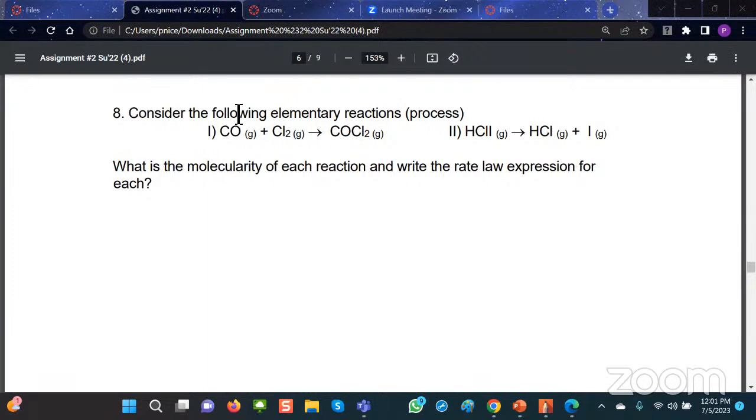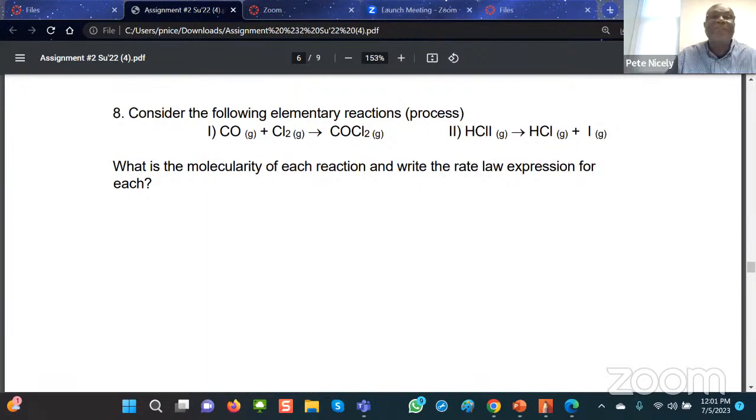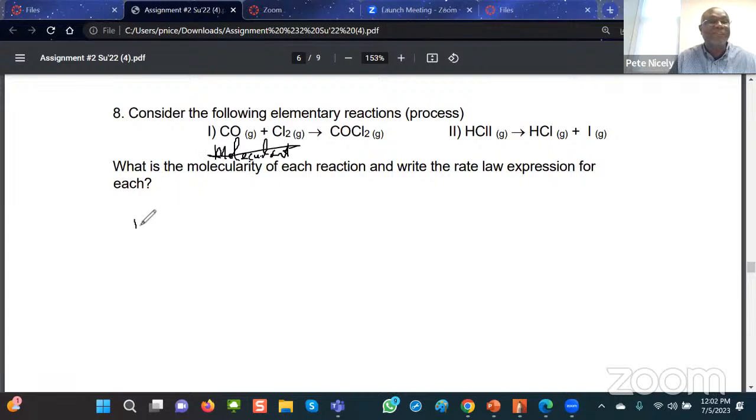2. You're absolutely 100% right. Hold on 1 minute. Okay, so for this one, the molecularity is 2. For number 1, the molecularity is 2.